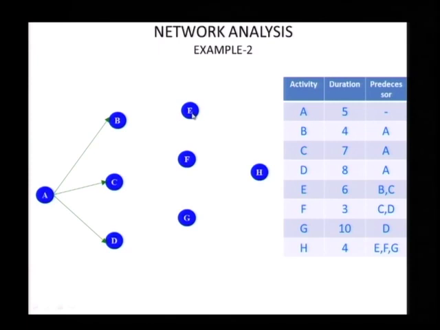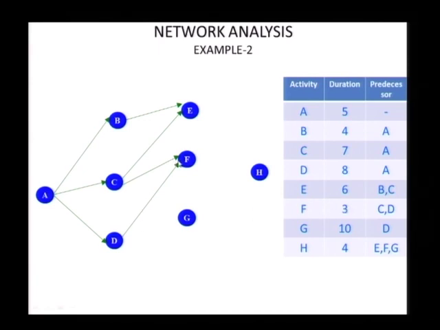Now I have E here, it has both B and C as predecessors, and F has C and D as predecessors. Now I come to G, it only has D as a predecessor. I come to H, it has E, F and G as predecessors. So this completes the network, with the predecessor relationships of the activities represented here.